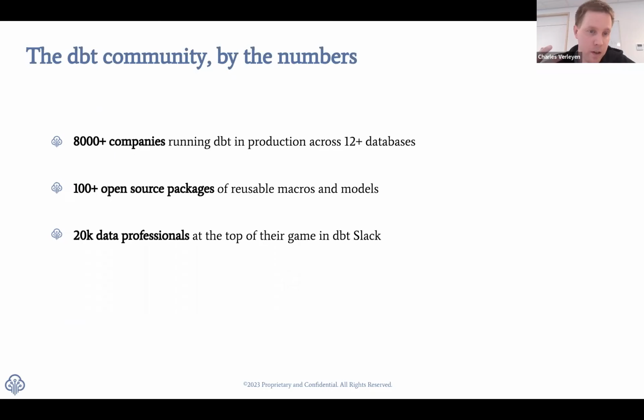So DBT is open source, which means that people can build on top of it. There are hundreds of open source packages of reusable macros and models. Concrete example, let's say I'm ingesting Google Analytics data. Well, a lot of people have already built models on top of Google Analytics data. They've built Kimball-style star schemas with facts and dimensions and very well-crafted data marts.